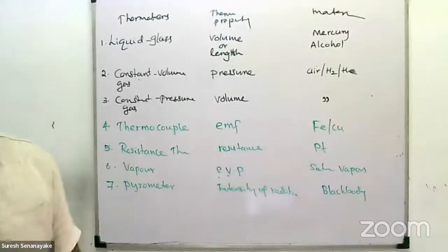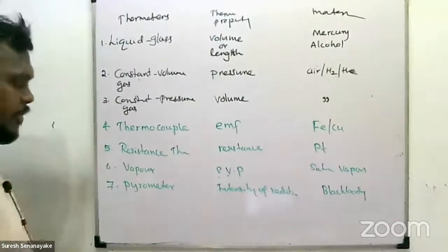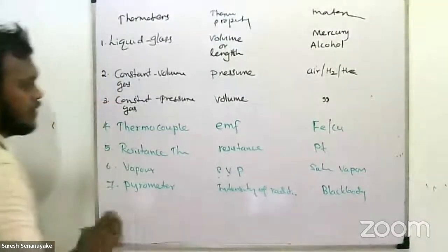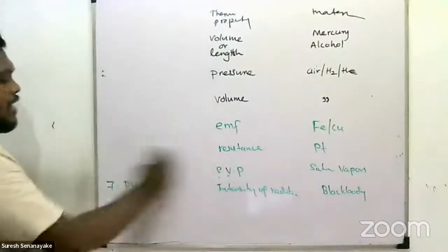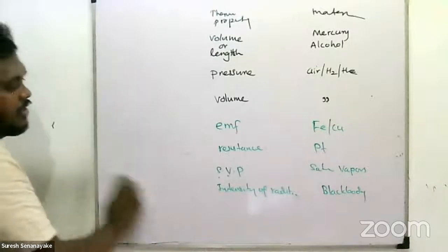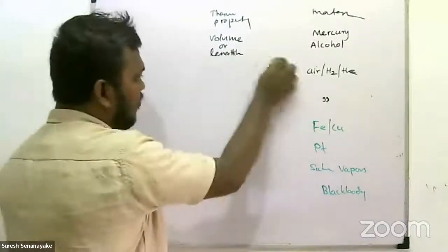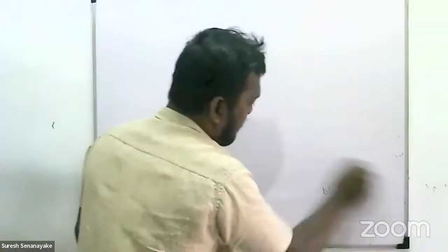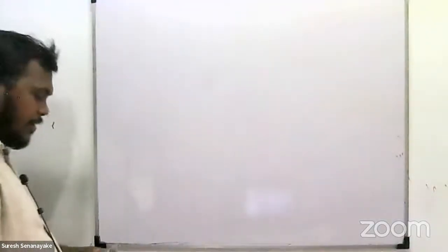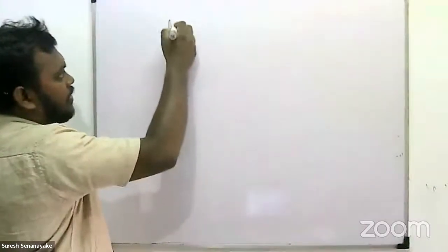So the thermometric property should have a linear relationship with the temperature, and also it should have only one value for a particular temperature, right?